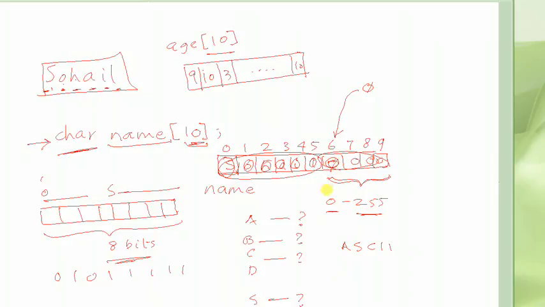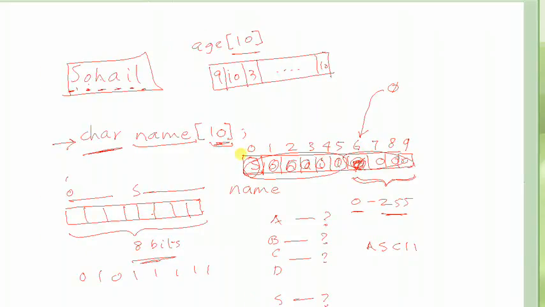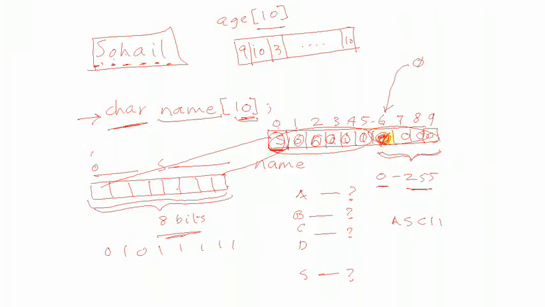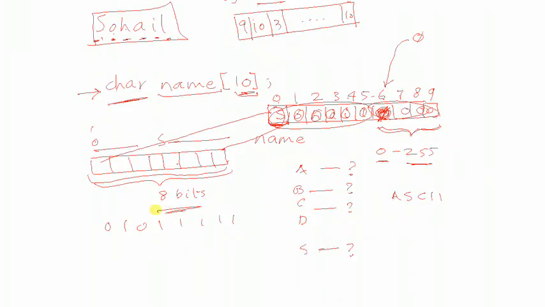You end your string with 0 in this byte. In this case each character is 1 byte long, so each of these is 1 byte. At the end of this string you have to write 0.